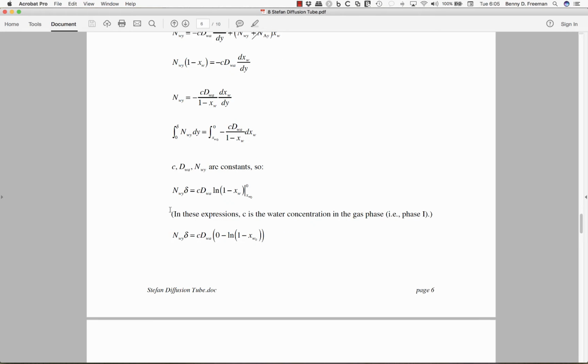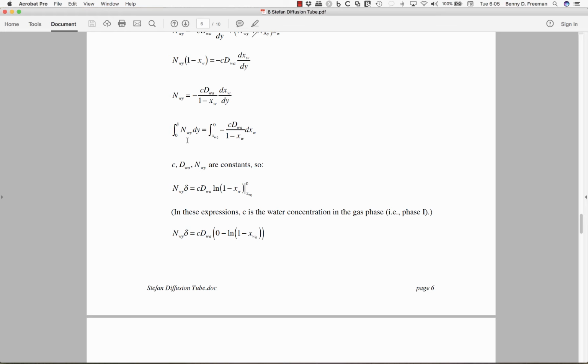We can integrate the flux expression over the gas phase length of the tube, that is starting from the liquid-gas interface, which is y equals 0, and going up to the top of the tube, which is y equal to delta, and we have these corresponding mole fractions of water at the liquid-vapor interface and then at the top of the tube respectively.